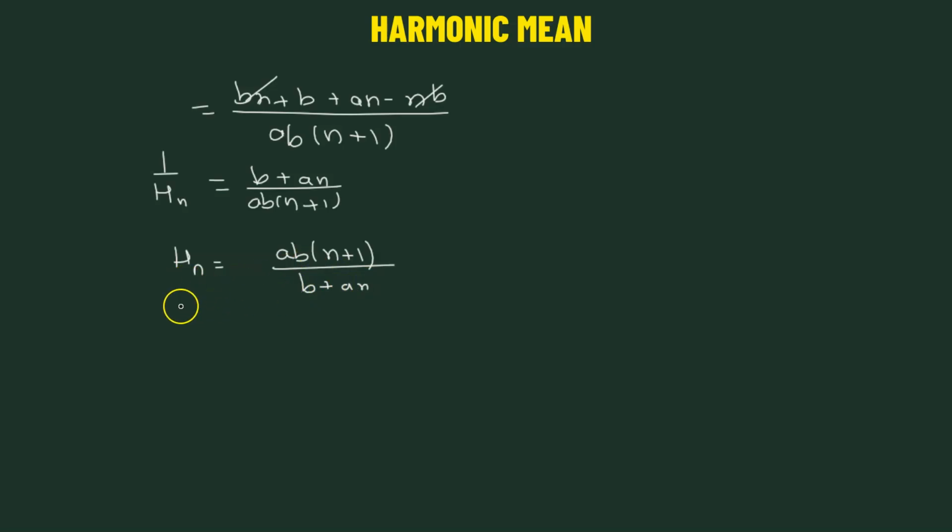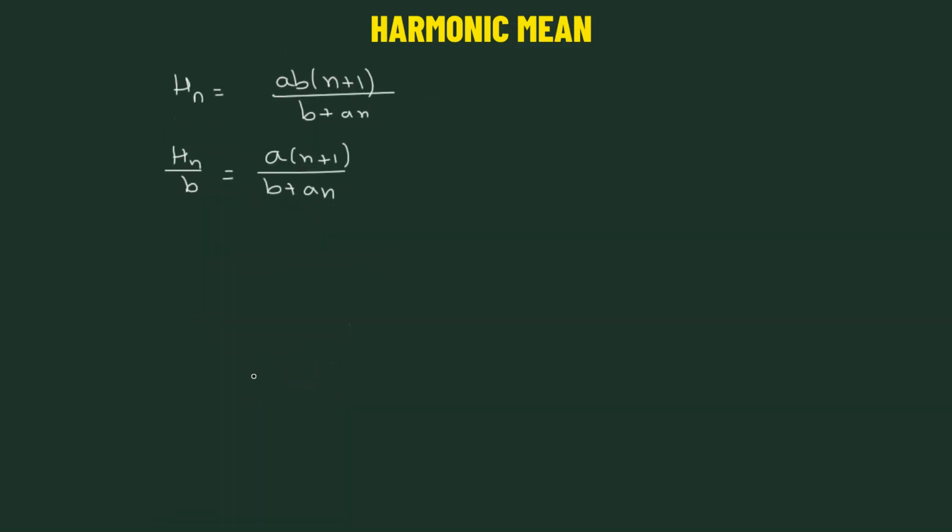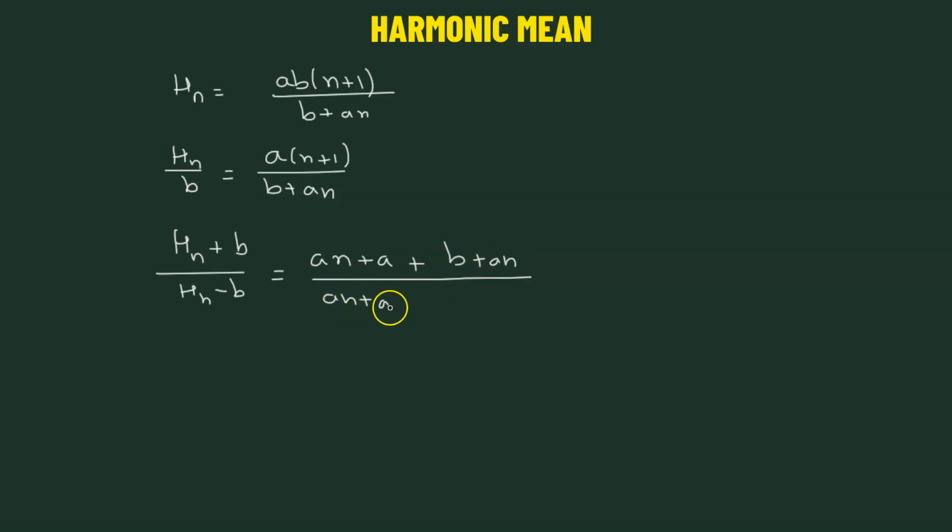Let's divide both sides by b. So we have hn over b, which will be equal to a times n plus 1 divided by b plus an. We will be applying componendo dividendo on both sides. So we have hn plus b divided by hn minus b, which will be equal to a times n plus a added to b plus an in the denominator, divided by an plus a minus b minus an.